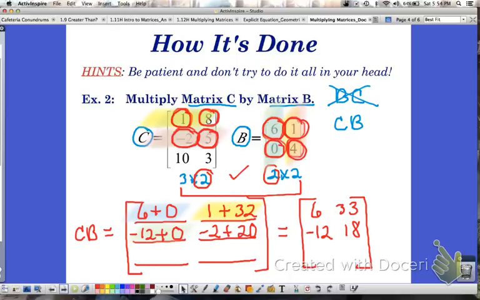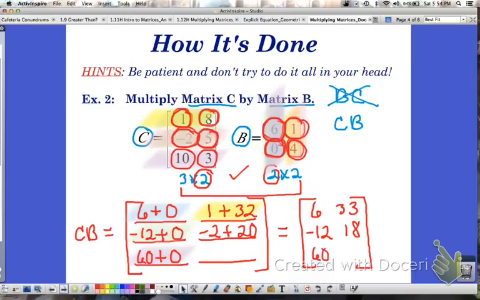And then lastly, let's go with row 3, column 1. Here it comes. 10 times 6, you can barely see the 6 under all my highlighting. 60 plus 3 times 0, 0. 60 plus 0, 60.